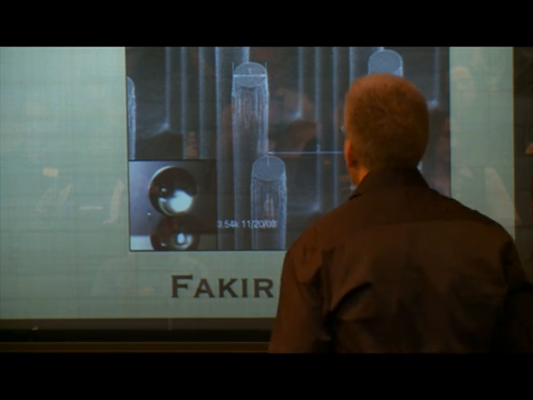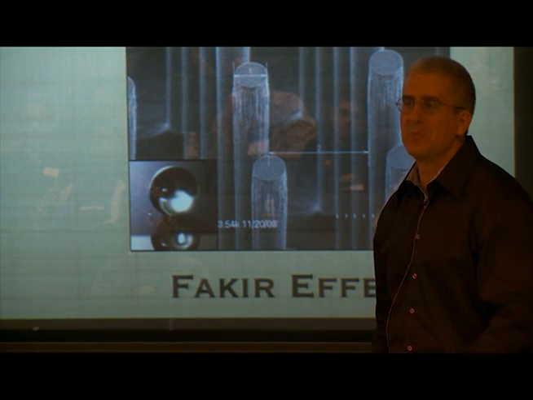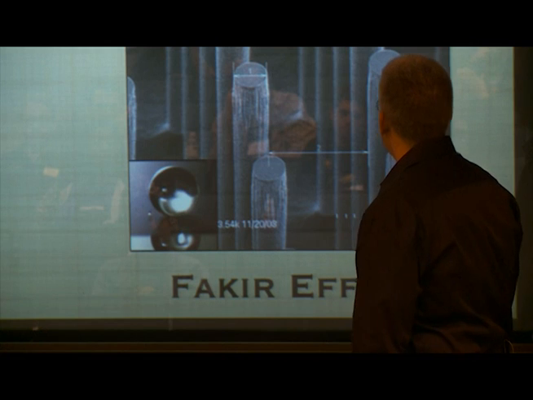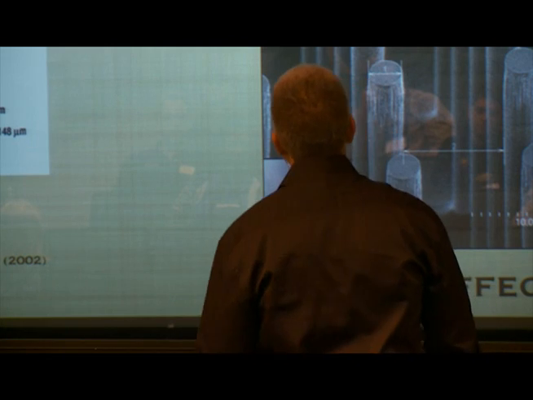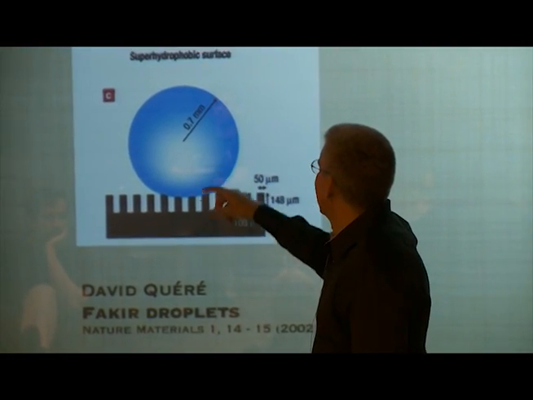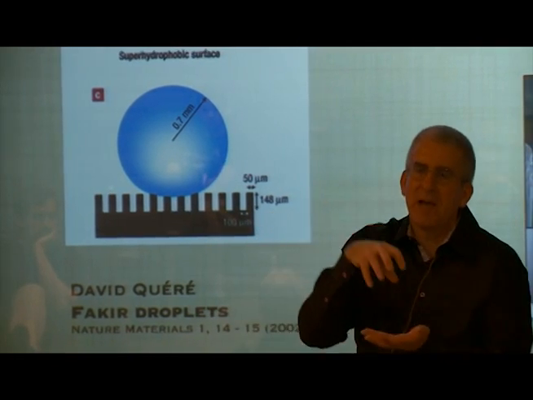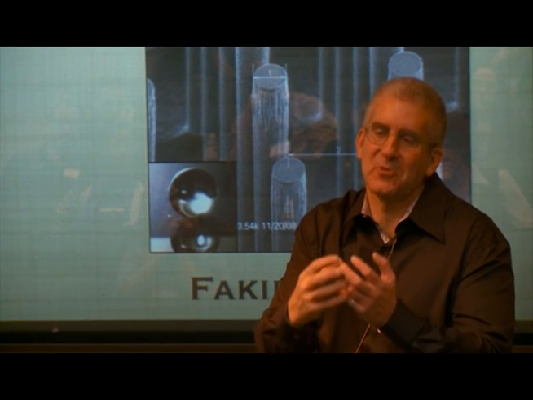Well, it turns out engineers have figured out ways to use microfabrication to reproduce this effect. They use something called the fakir effect. Do you know what a fakir is? It's an Indian mystic who is known for lying on beds of nails. What's going on here, if you look at this fluid droplet, is that if you push it down, if it wants to penetrate the pillars, it has to wet the entire surface of the cylinder.